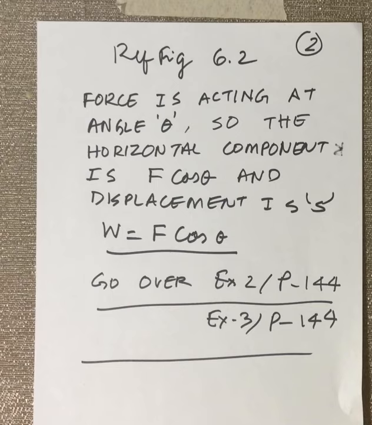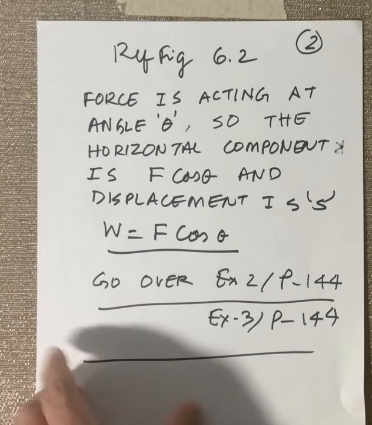But here you have a component of x, which is F cosine theta. So this displacement is now W equals F times cosine theta. So they go over the example, which is on page 144, examples 2 and 3.